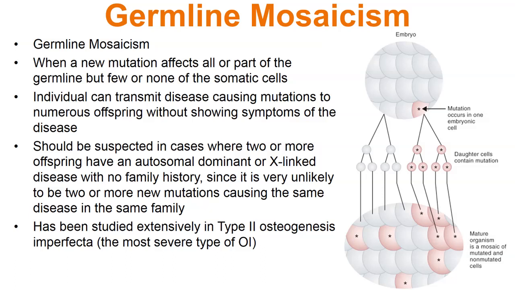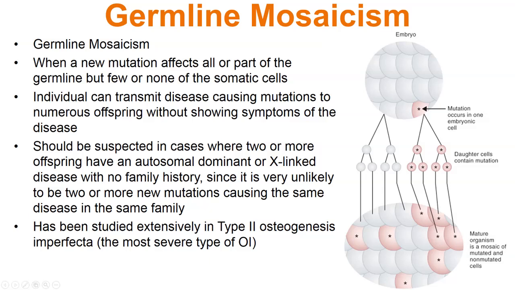That means in an individual, they are asymptomatic. But within their germline, in the cells that are going to produce oocytes or sperm that are going to produce their children, they do have that mutation. Okay? So they can pass it on to multiple different children, even though they are asymptomatic themselves. So each of the new children doesn't represent a new mutation.